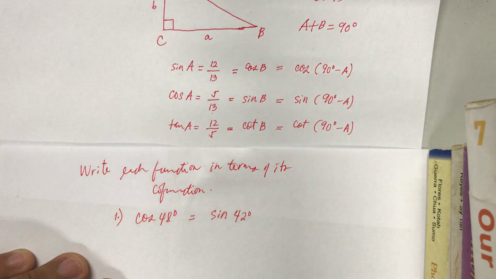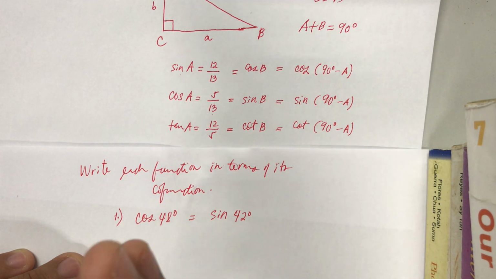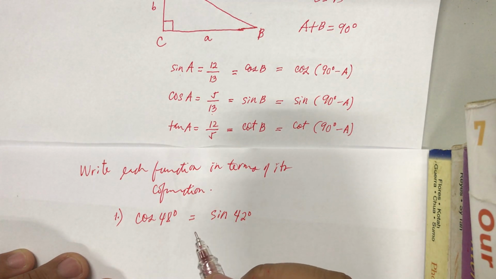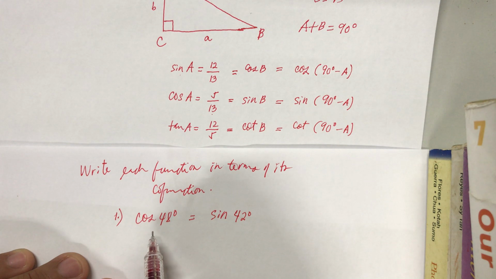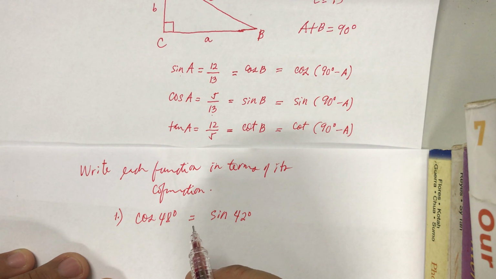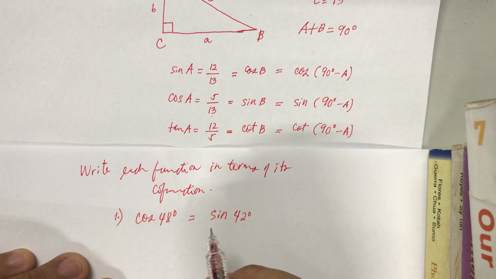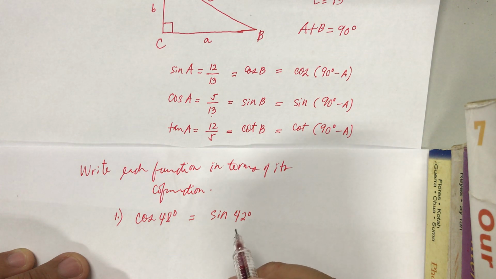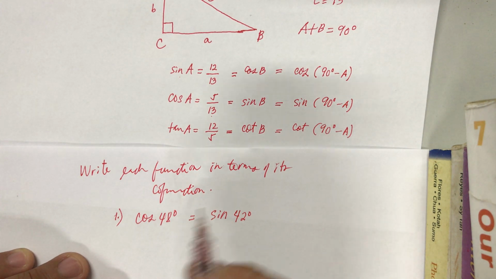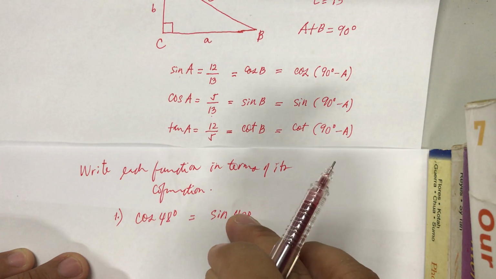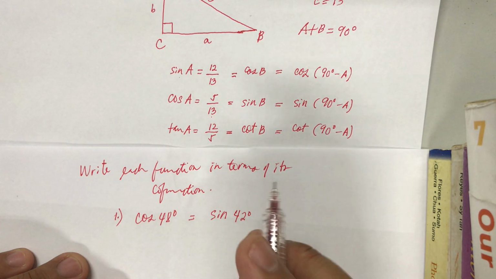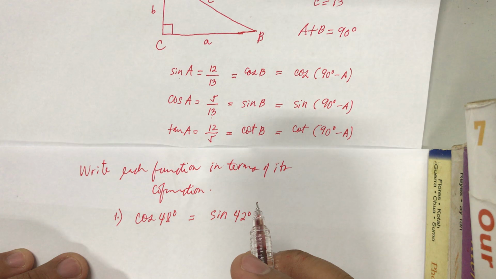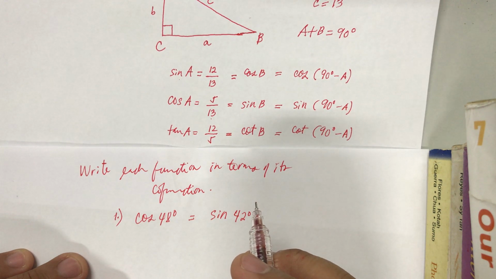What you will find out is that the values are equal up to their last decimal place, because cosine 48 degrees is really equal to sine 42 degrees, because they are cofunctions and their angles are complementary. You follow? Just make sure that your scientific calculator is in degree mode.